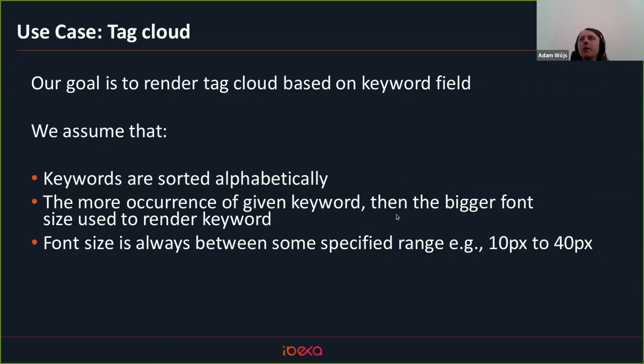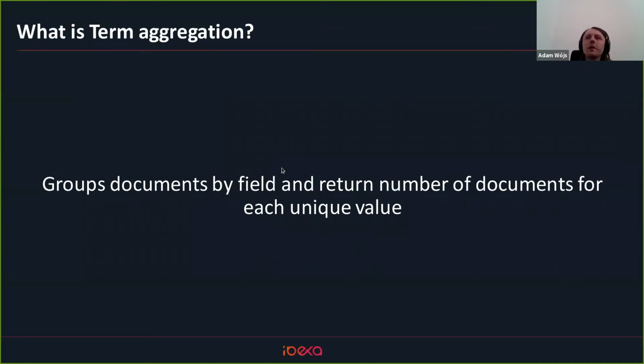In this scenario, I also prepared some code snippet content type and used the keyword. I will use the keyword field to attach the programming language name to this snippet. But to build this, we will need the term aggregation.